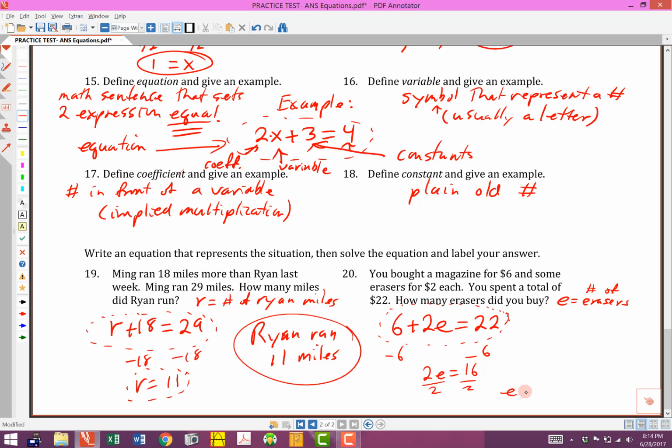Divide by 2, so we get e equals 8. Okay, so that tells us that e equals 8. I bought 8 erasers. It reminds us what we're looking for. E is 8, so 8 erasers. And that's the answer to the problem.